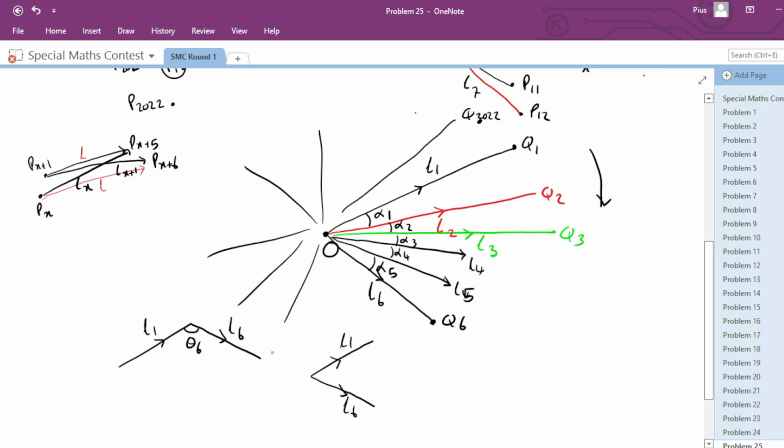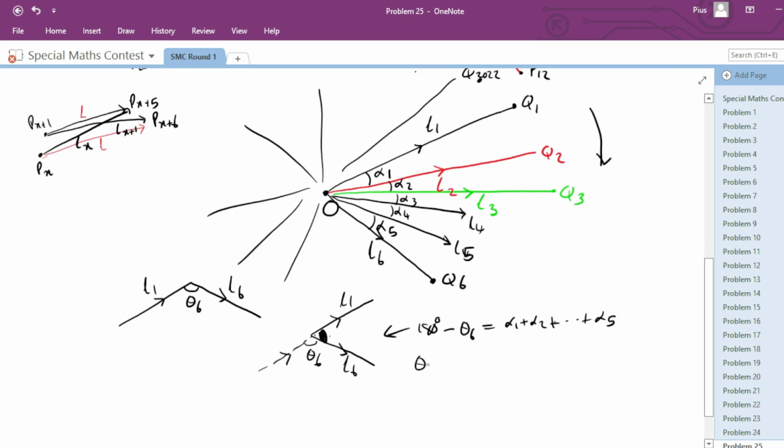From parallel lines, we see that we can extend this, and this angle will have to be theta 6. So whatever is here must be 180 degrees minus theta 6. And this total angle here is going to be equal to alpha 1 plus alpha 2 plus up to alpha 5. Or we can make theta 6 the subject and say this is 180 minus alpha 1 plus all the way to alpha 5.